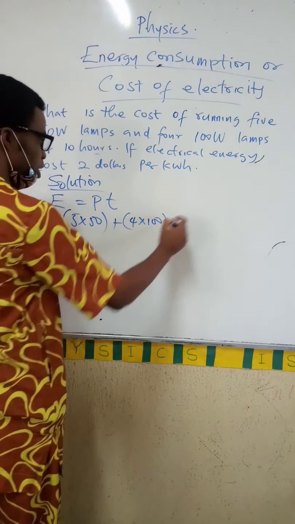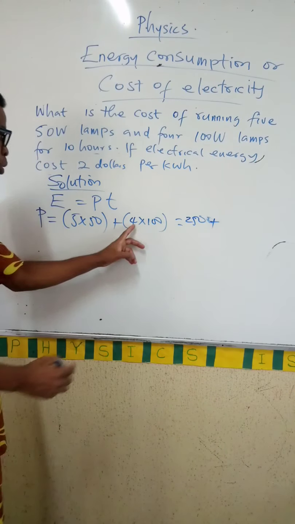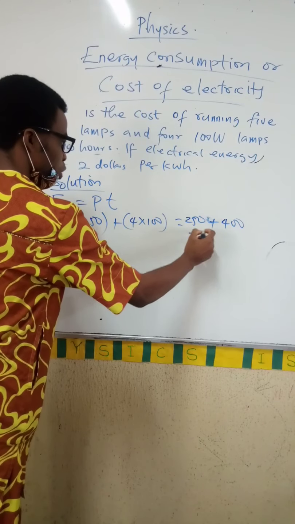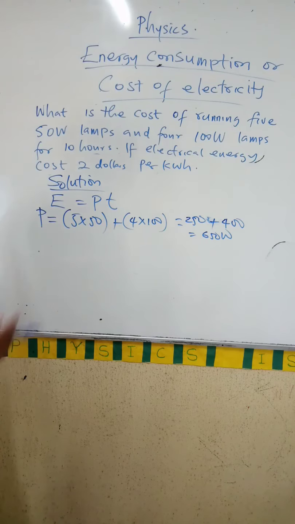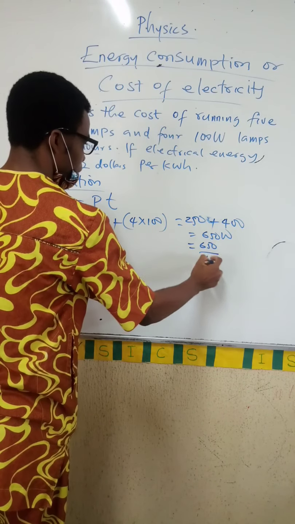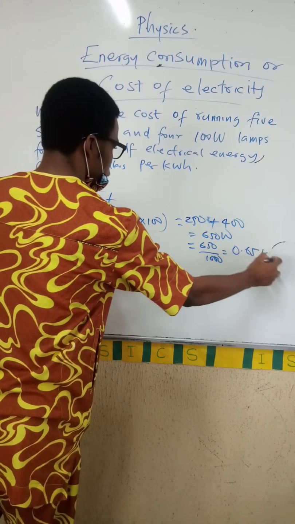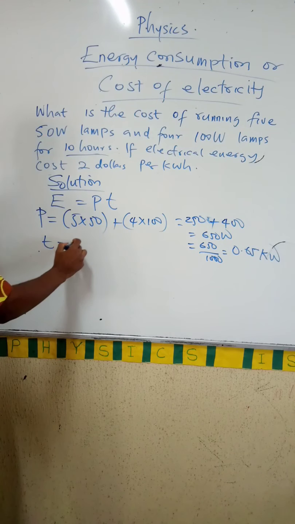5 times 50 is 250, plus 4 times 100 is 400. This will give us 650 watts, and it must be in kilowatts. That will be 650 divided by 1000. That is 0.65 kilowatts. Our T is 10 hours.